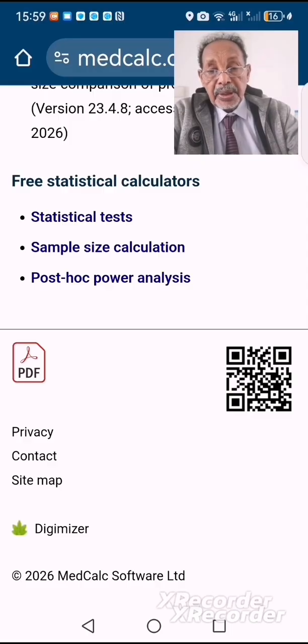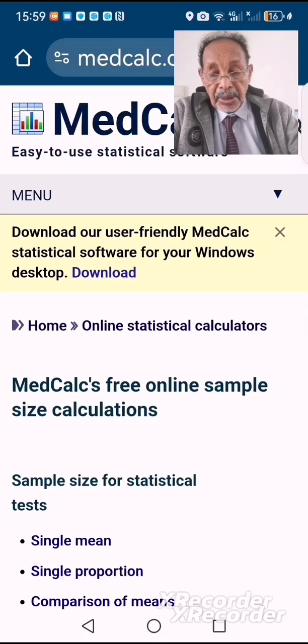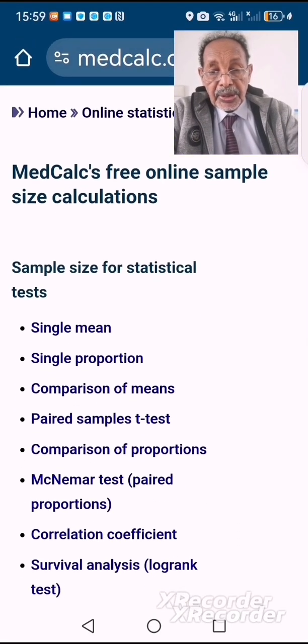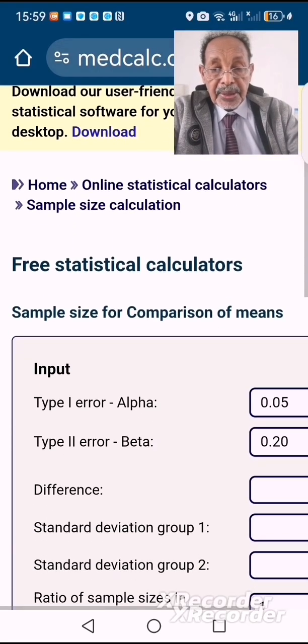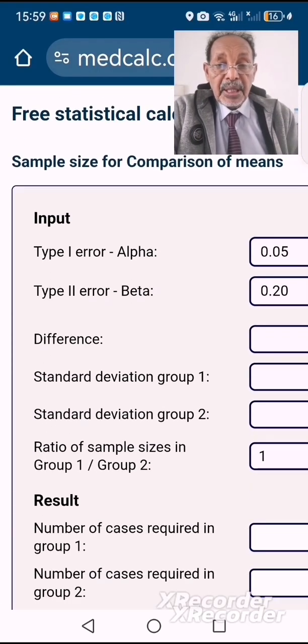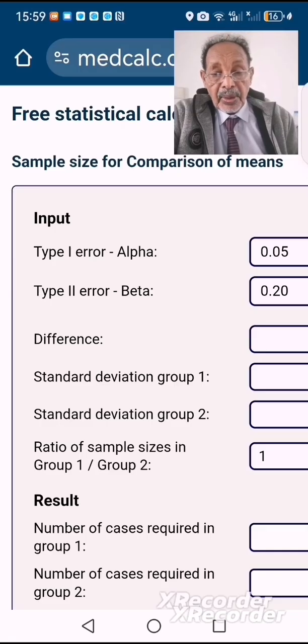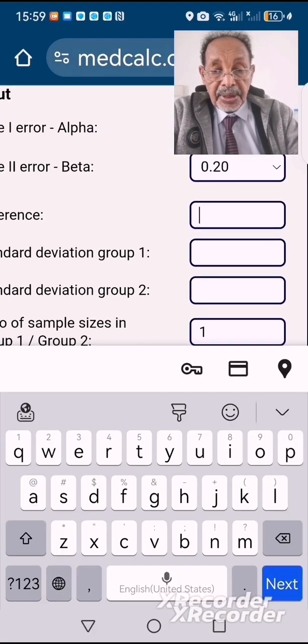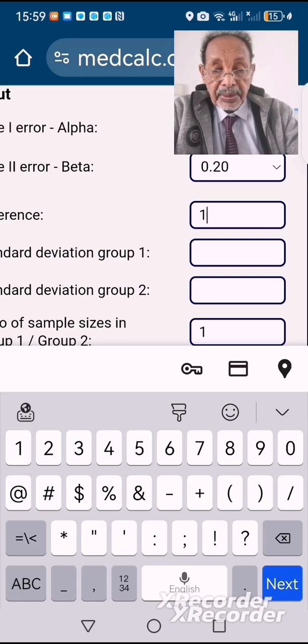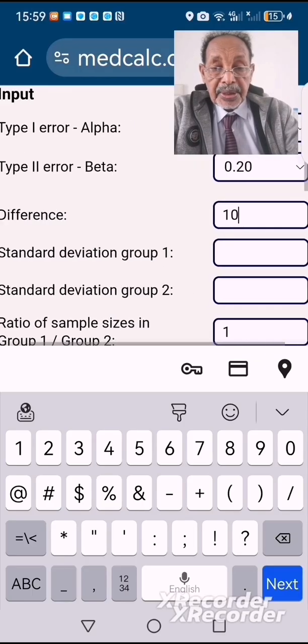Sample size calculation, and we use estimation of means, comparison of means when we compare the means, because we are estimating a parameter. And here the difference expected will be 10 milligram per liter. This is the difference expected between the two.